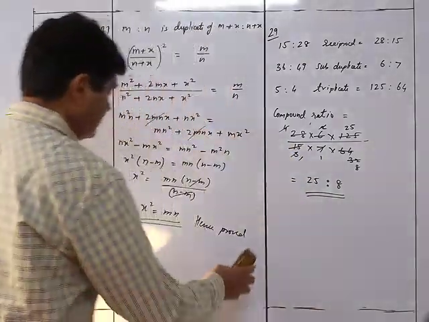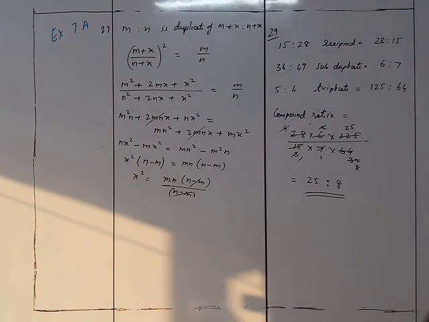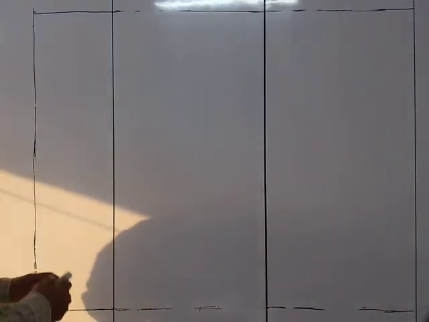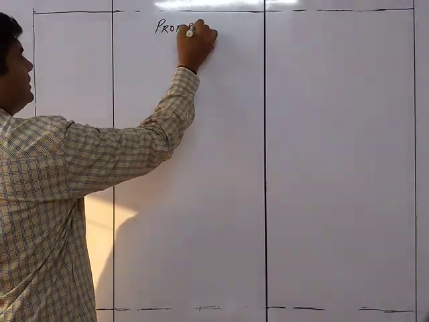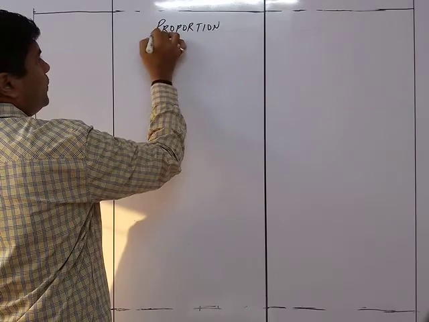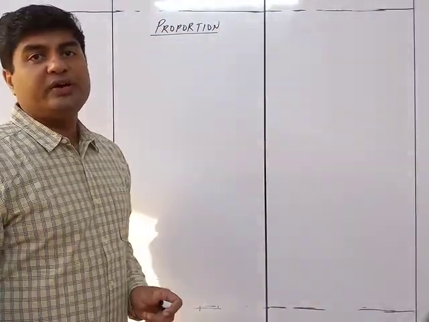So we have here the next thing as proportion. Now we see something new, that is proportion. Proportion is basically when we are comparing or having two different ratios.